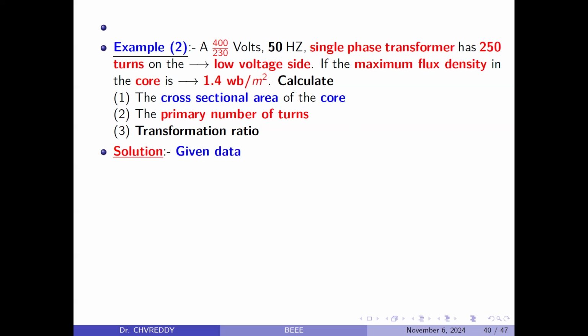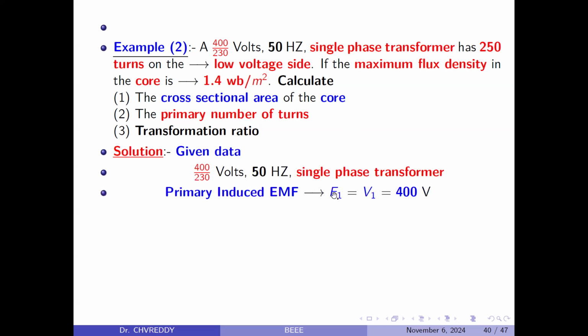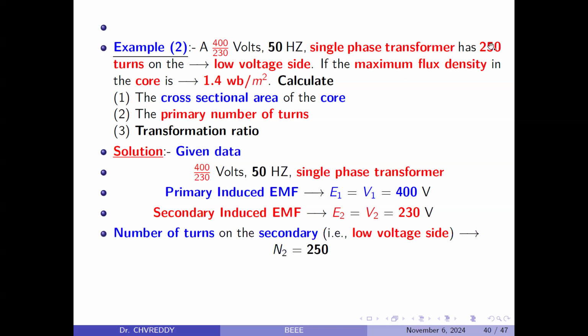Given data: 400 divided by 230 volts, 50 hertz, single phase transformer. Primary induced EMF E1 equal to V1 equal to 400 volts. Secondary induced EMF E2 equal to V2 equal to 230 volts. Supply frequency F equal to 50 hertz. The next one, they given 250 turns on the low voltage side, that is number of turns on the secondary, N2 equal to 250.